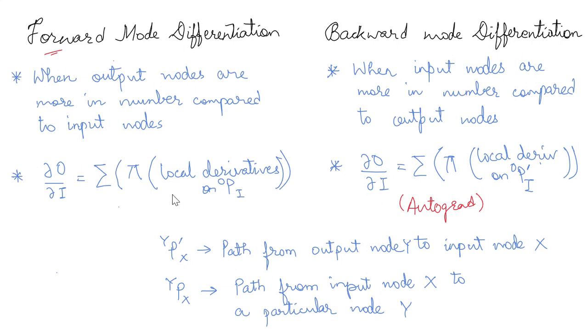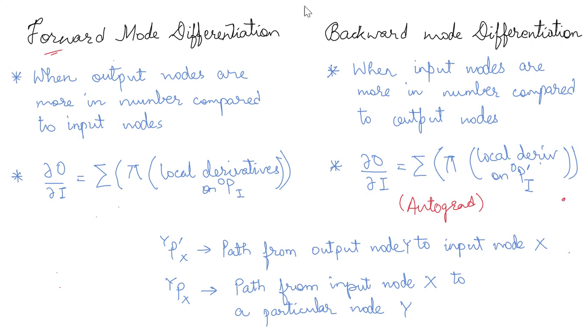The formulation to compute the derivatives may look exactly the same with a slight difference, which we will discuss in the example. The difference is that for the forward mode, we look at the path in the graph from an input node to the output node, whereas in backward mode differentiation, we look at the path from an output node to the input node.